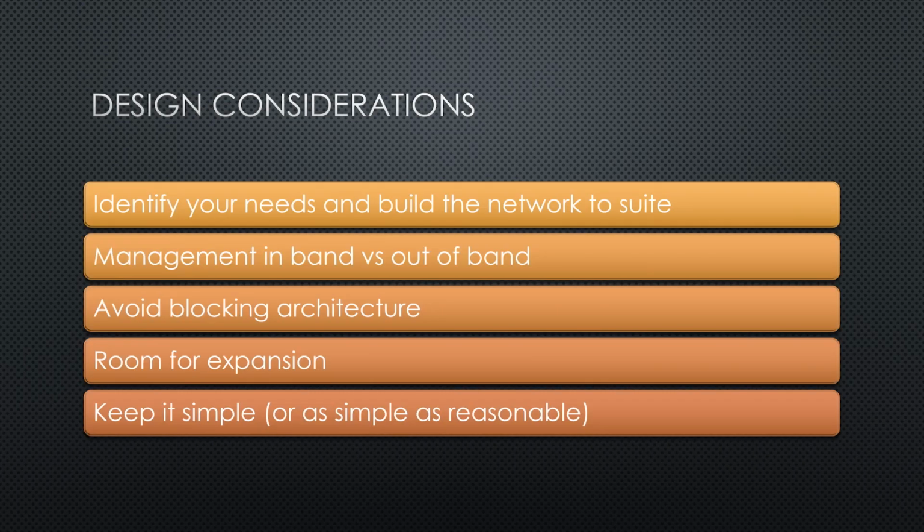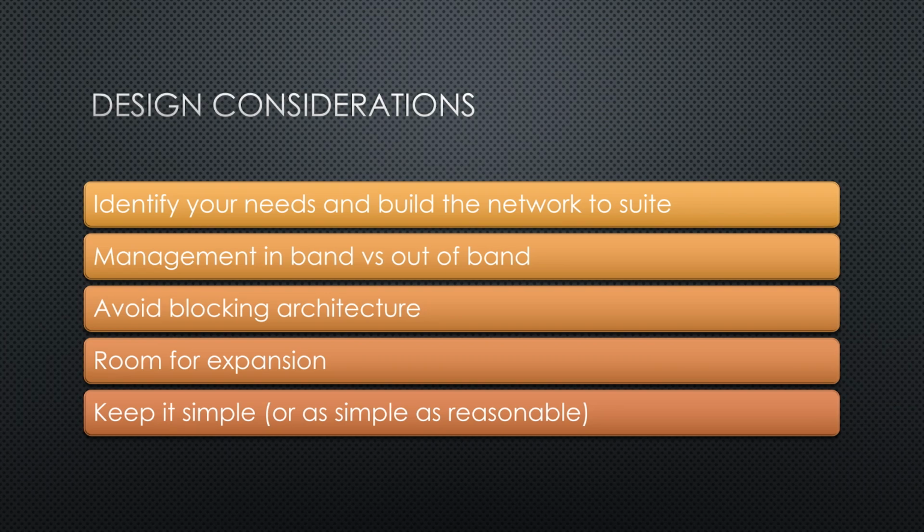Few design considerations as you start to look at your network needs. First thing is obviously identifying what you're trying to do and building your network to suit. One of the largest decisions is deciding on your management strategy, if that's in-band or out-of-band.